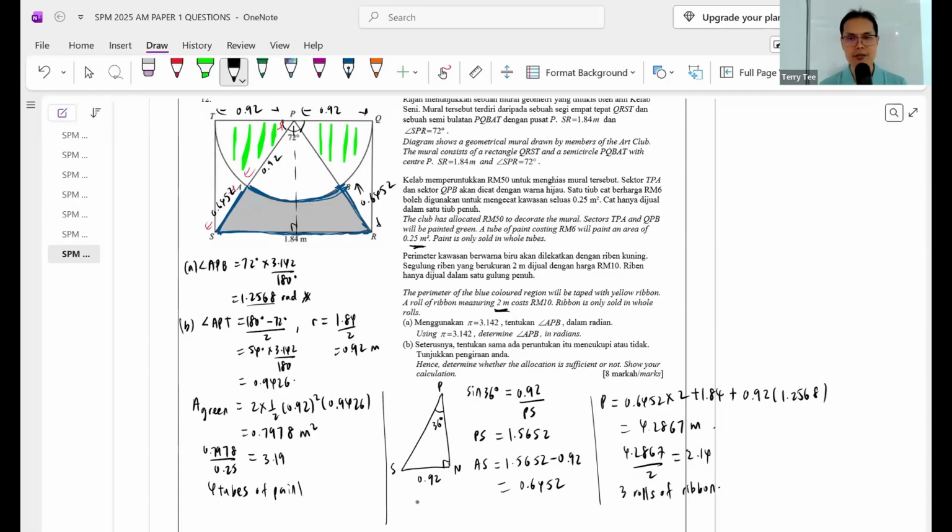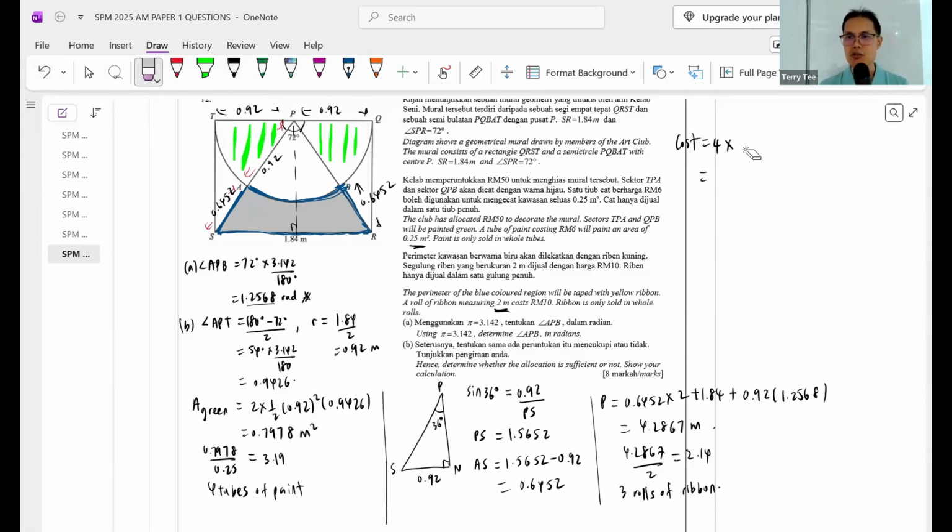We haven't finished yet, it's a bit long. So what is your total cost? One tube of paint costs how much? 6 ringgit. Then how about ribbon? One roll costs, sorry, not 2 ringgit, 10 ringgit.